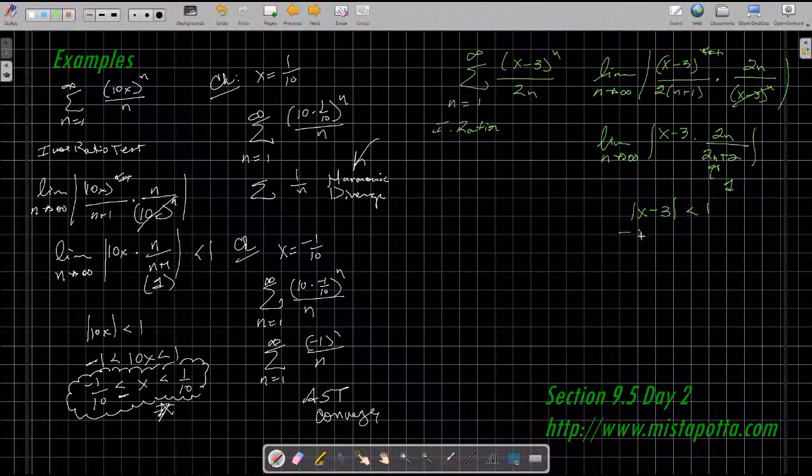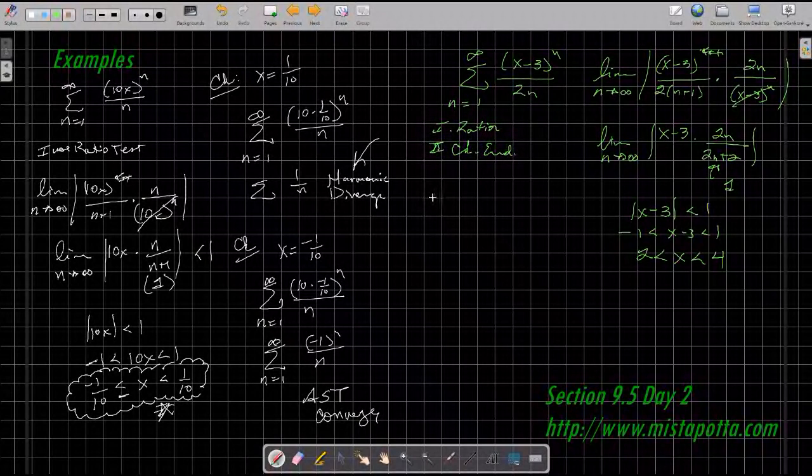So negative 1 is less than x minus 3, which is less than 1, and adding 3 gives me 2 less than x is less than 4. So this is my raw interval of convergence. I still have to check the endpoints here. That's always step 2, is to check the endpoints.